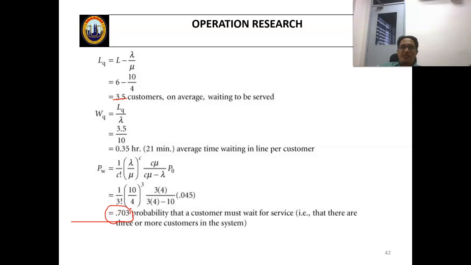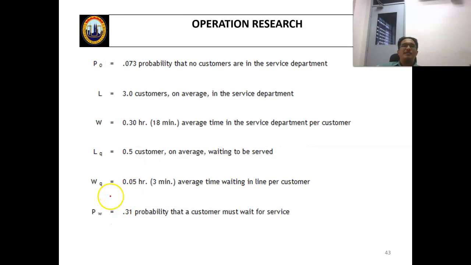The situation is the same as the previous one, but the formula is different because we have more than one counter. Okay, so this is the summary. 0.073 probability no customer in the system, 3.0 customers in the waiting line.